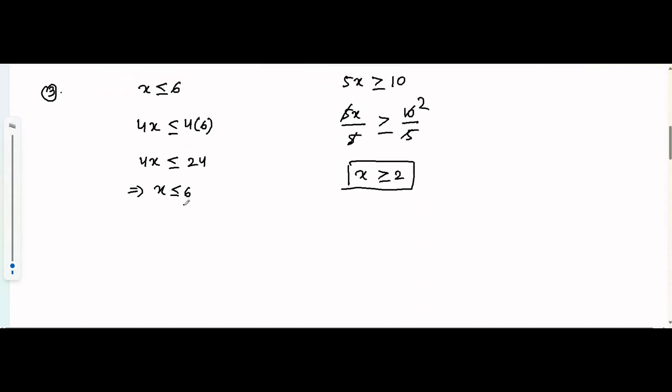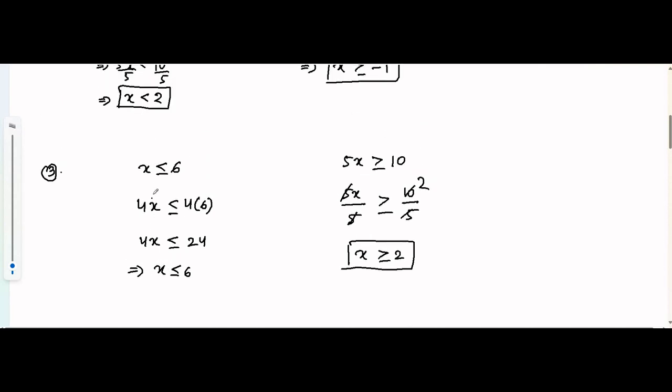You can do it with any numbers, in any general way it will be the same. Normally you will apply this rule when the equation comes to this format, with only x or some multiple of x on one side and a constant on the other side. You will normally be applying this rule to get the value of x. So this is the standard format.